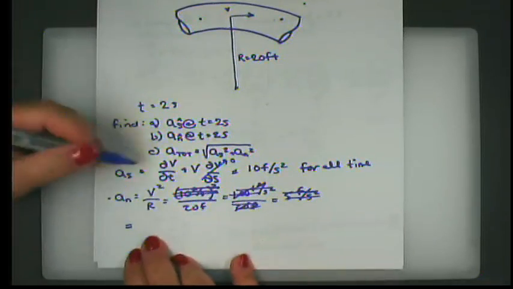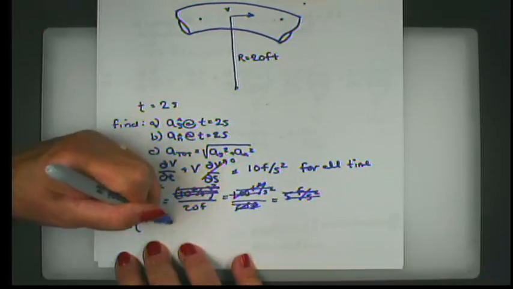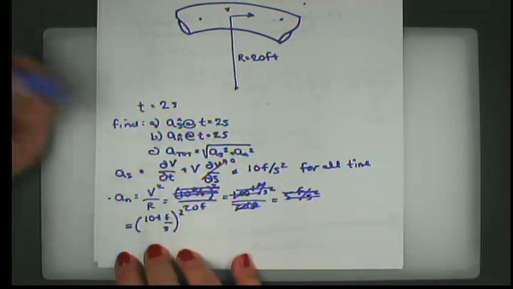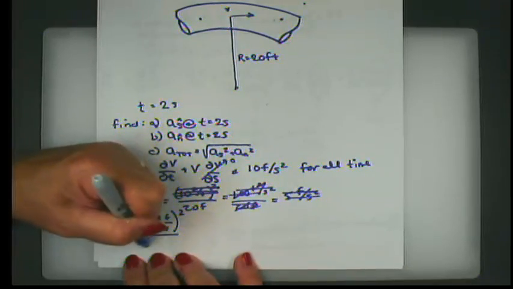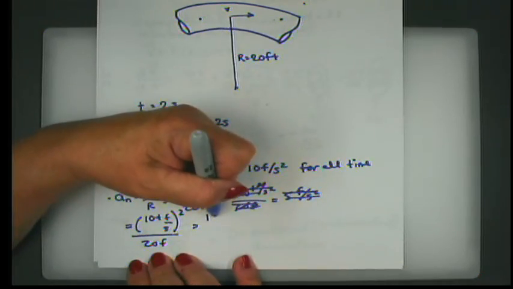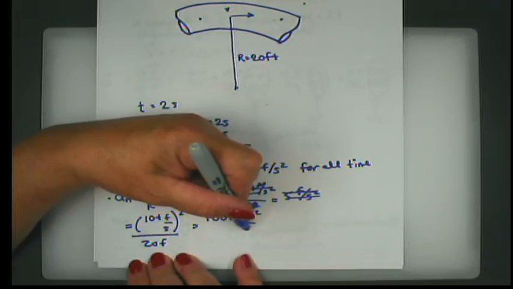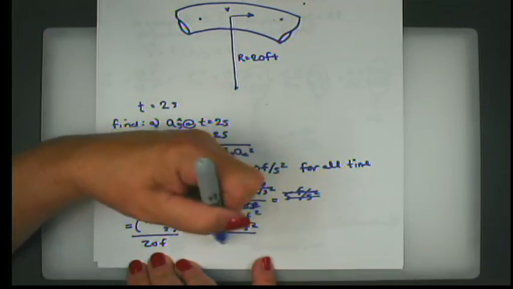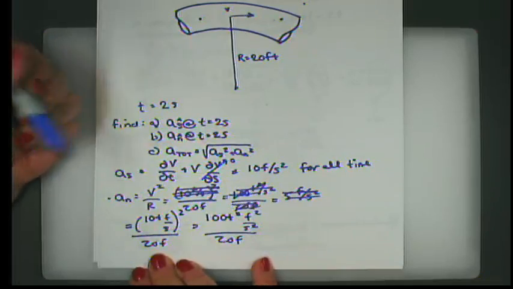So my a sub n is my v, which is 10t feet per second, quantity squared, divided by my r, which is 20 feet. So my normal acceleration then is 100 t squared, feet squared per second squared, over 20 feet. So what does that turn out to be?